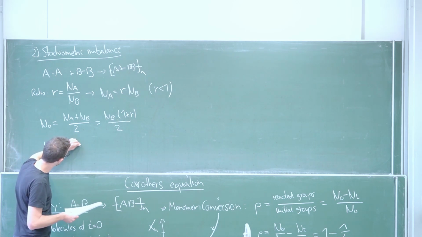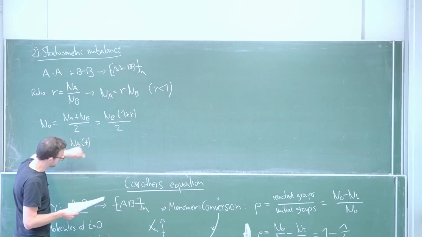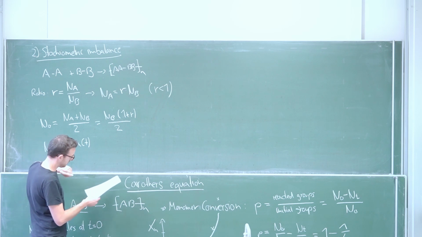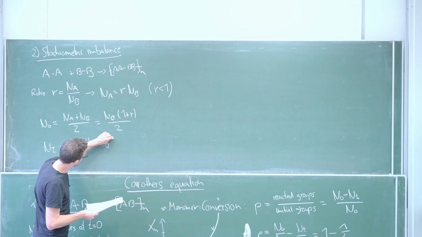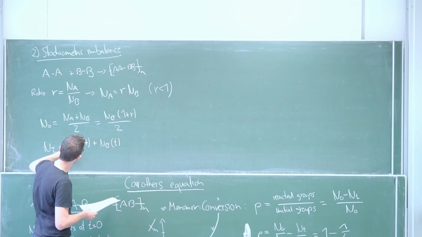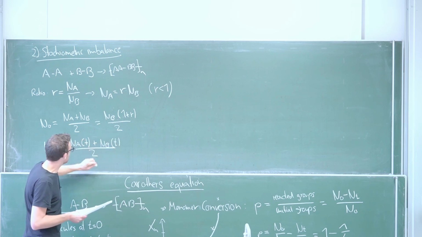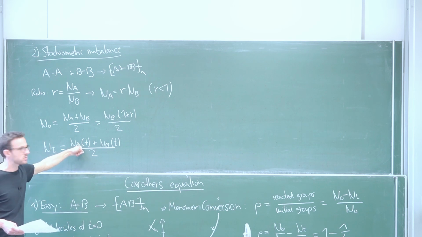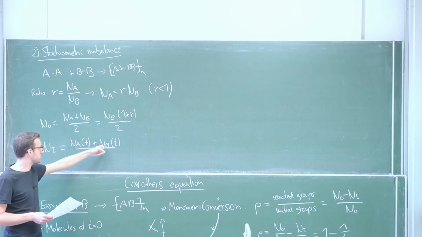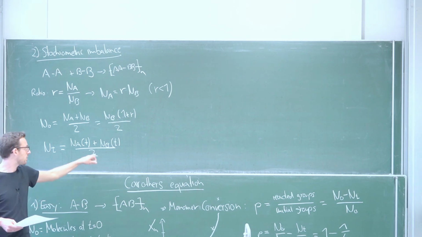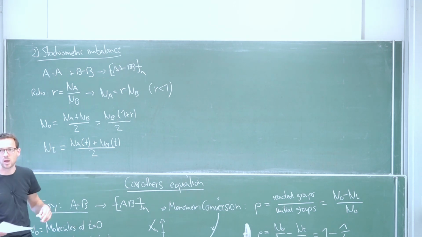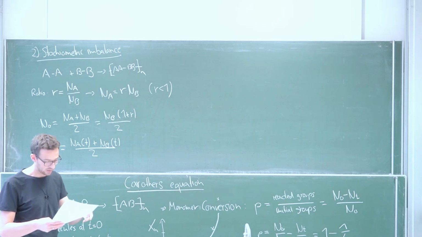So Na at a certain time t plus Nb at a certain time t, divided by 2. So the number of groups A we have left at a certain time t plus the number of groups B that we have left at a certain time t, divided by 2, will give us the molecules we have left at a certain time t.